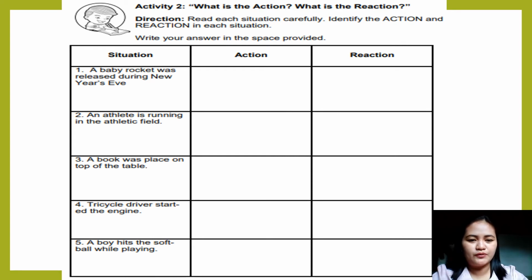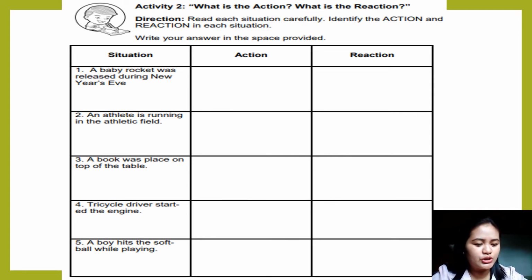Okay, so for number 4, the situation is tricycle driver started the engine. Ngeng, ngeng, ngeng. Ganon. Ganon ba yung tunog ng tricycle? Okay. So, ano yung action and reaction? Keep quiet, anak.